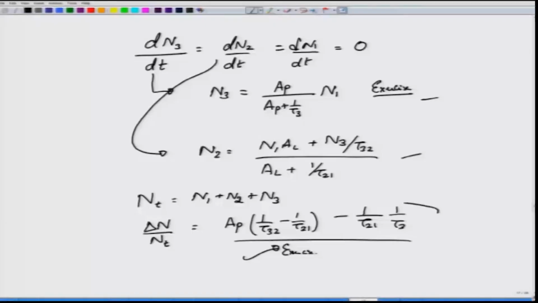A necessary condition is that AP should be greater than a threshold quantity. For delta n to be positive, the numerator has to be greater than 0. So once you set the numerator greater than 0, you will see that AP times (1 by tau 32 minus 1 by tau 21) must be far greater than 1 by tau 21 divided by tau 3.